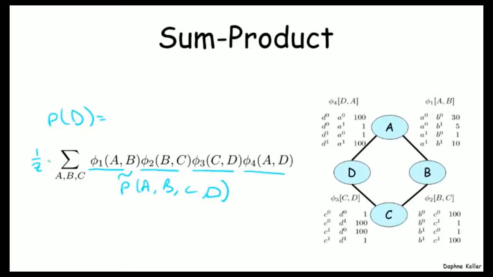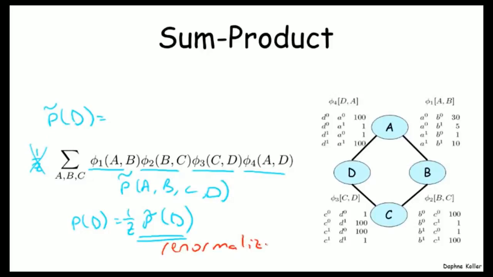Well, the point is that if we ignore the partition function and rather compute P tilde of D, we can infer that P of D is actually equal to 1 over Z times P tilde of D, because the normalizing constant is a constant. And so if we've computed P tilde of D, we can obtain P of D by a simple process of renormalization of P tilde of D.